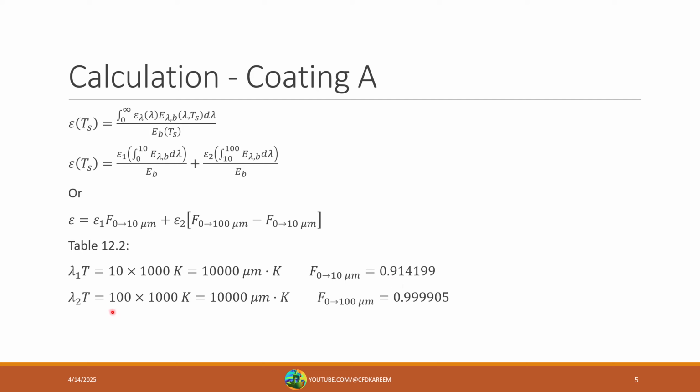Same thing from 0 to 100. We can plug in the 100 here for our wavelength, and we'll get a value of 0.999905. We can now plug both of these into our previous equation and find that we'll get a total emissivity value of about 0.7071.